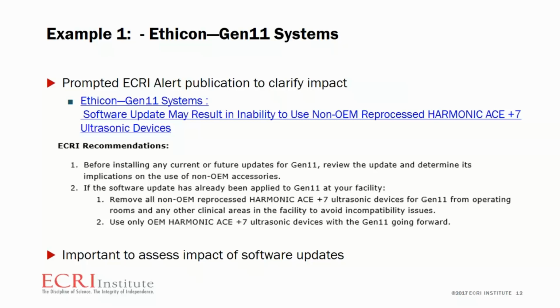We wanted to clearly identify that this is a single handpiece, the Harmonic ACE+7 ultrasonic device, that is impacted by this particular update, and provided additional recommendations. Before updating any of these Gen11 systems, you need to be absolutely aware of the implications of it. Again, if you're a facility that used reprocessed Harmonic ACE+ ultrasonic devices, those would no longer be suitable for use after the update has been conducted.